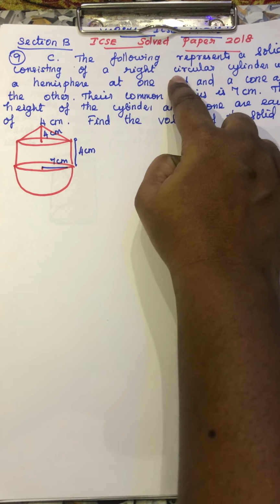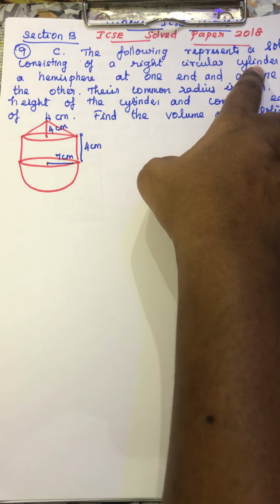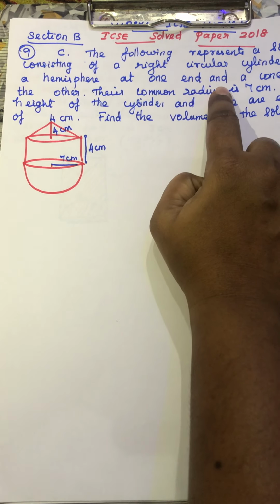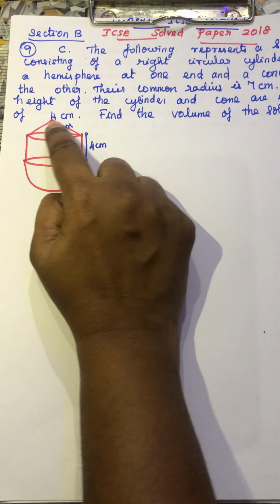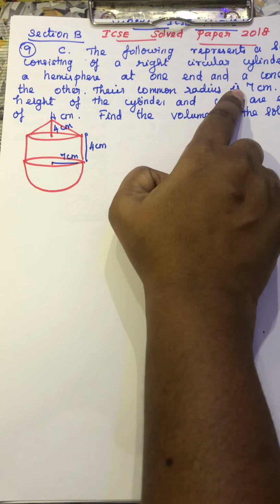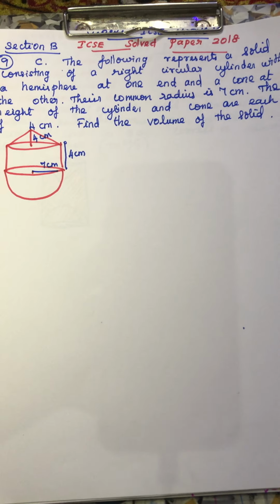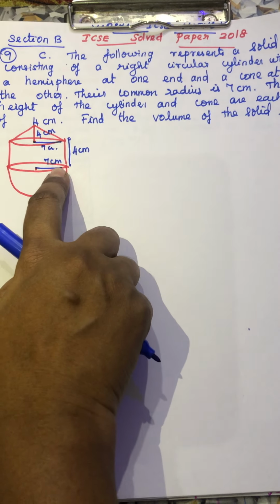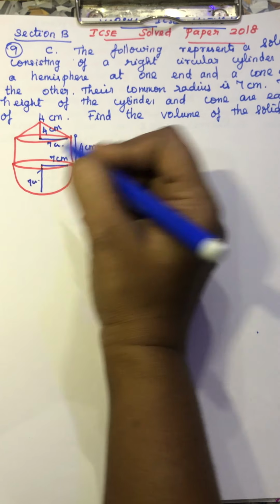See the question: the following represents a solid consisting of a right circular cylinder. You have a cylinder with a hemisphere at one end and a cone at the other side. Their common radius is 7. This radius is 7, and this is also 7, so both are 7 centimeter.